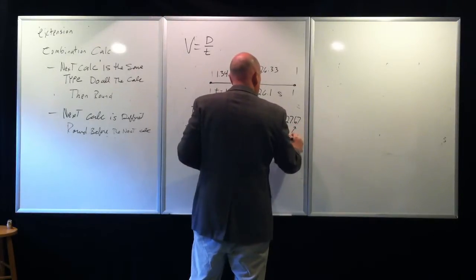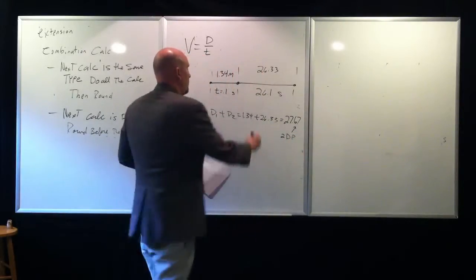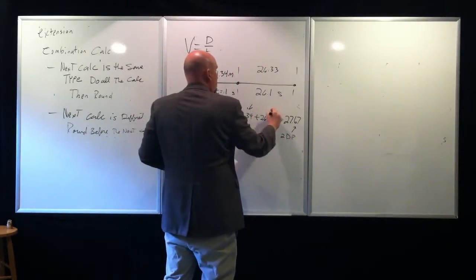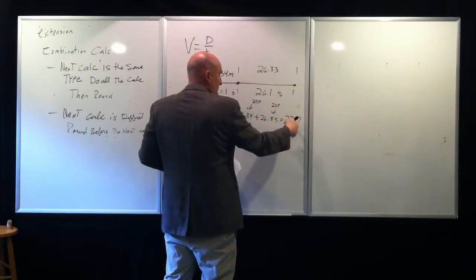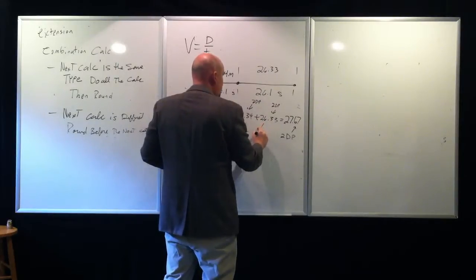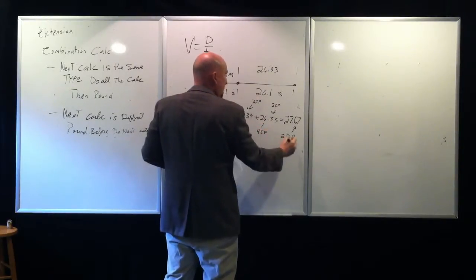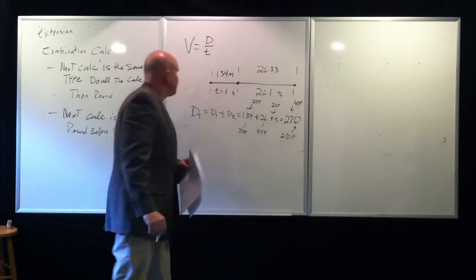It's got 2 decimal places. Therefore the answer is 2 decimal places, even though this has 3 sig figs and this has 4 sig figs.